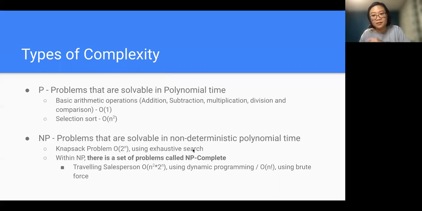The next topic in this series, discussing graphs and trees, we'll be revisiting search problems again, and there we could possibly solve the knapsack problem in that approach.